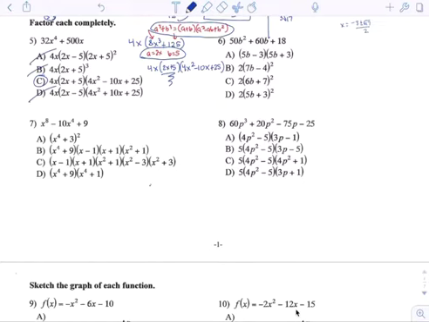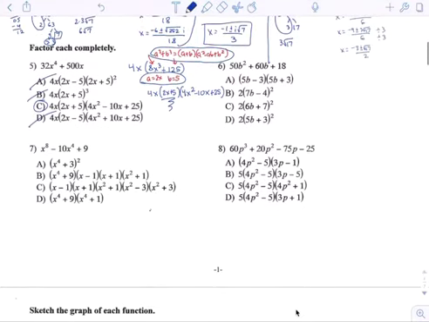Okay, number 6. Now, I could factor out a 2 from all these, so 2 times 25b squared, because 50 divided by 2 is 25, 60 divided by 2 is plus 30b, and 18 divided by 2 is 9.